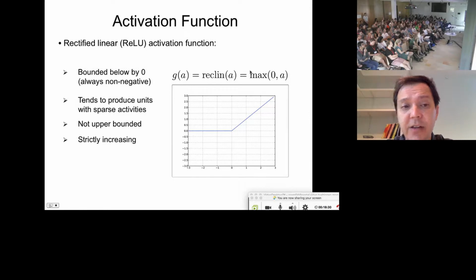If it's above 0, then it's just linear. And it tends to produce units with sparse activities, right? Because you're basically shutting them down. It's not upper bounded and strictly increasing. So in practice, people have to take some sort of care to make sure that it's not unbounded above. So that generally can be done.